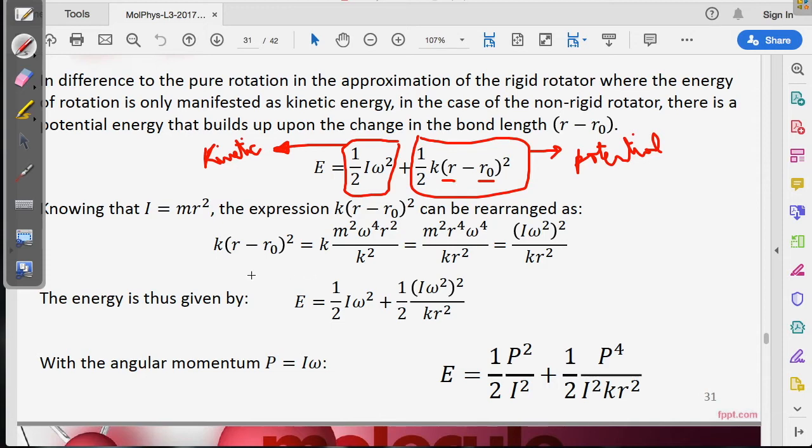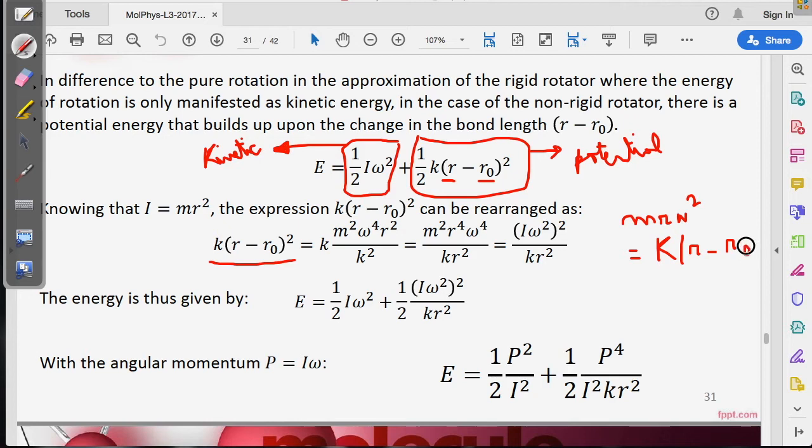So what we will do is rewrite k(r minus r0) squared by taking the centrifugal force, m r omega squared, which is equal to the restoring force k(r minus r0).